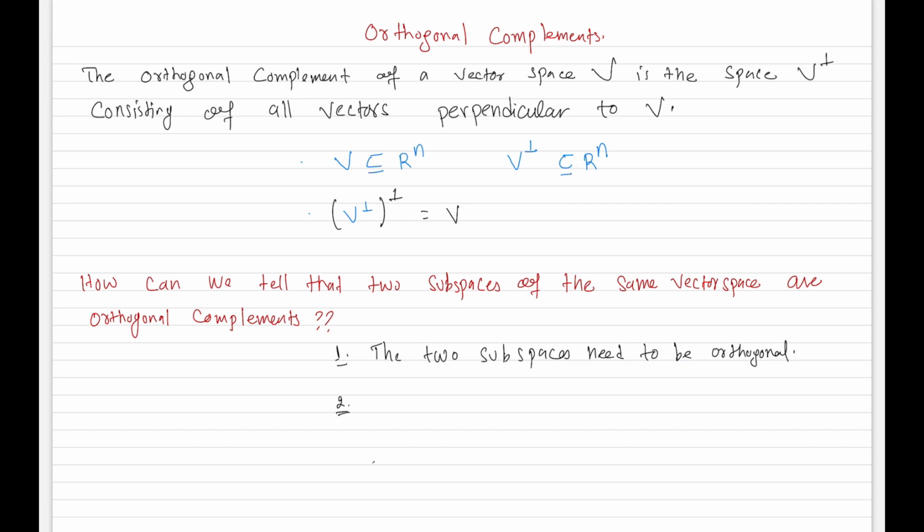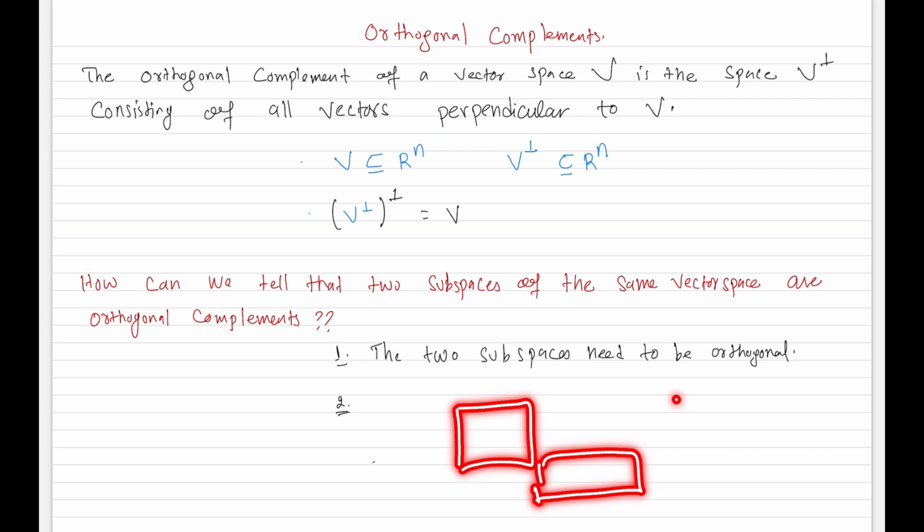Now the second thing is that जैसे कि अगर आपने लास्ट वीडियो में भी देखा होगा कि अगर टू सबस्पेस ऑर्थोगोनल है, राइट, एंड इफ दे बिलोंग्स टू सम n dimensional space, right, then their dimension will add up to the complete dimension, right?